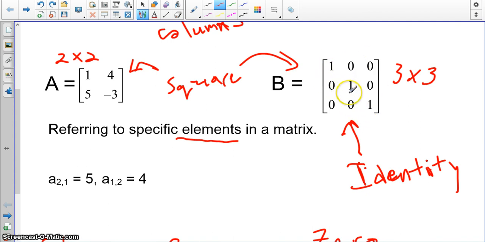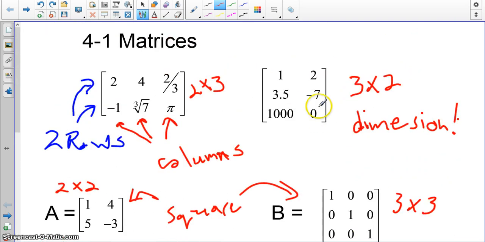To be an identity matrix, you've got to be a square matrix first off, and then very specifically, this diagonal from top left to lower right has to be all ones, and everything else has to be zeros. That'll be important later, but I thought I'd introduce that today, even though I don't think there's any reference to it in this first section.